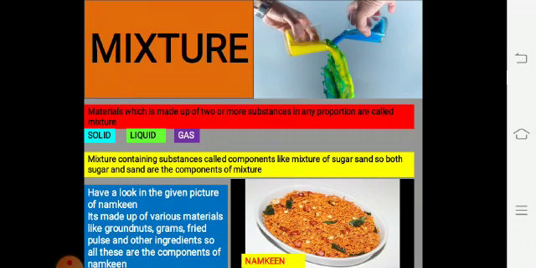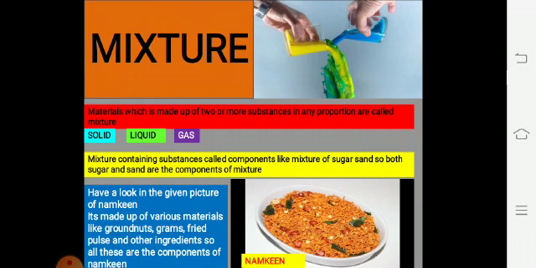So our first topic is mixture. What is a mixture? A material which is made up of two or more substances in any proportion or in any amount is called a mixture. And a mixture can be solid, liquid, or gas.